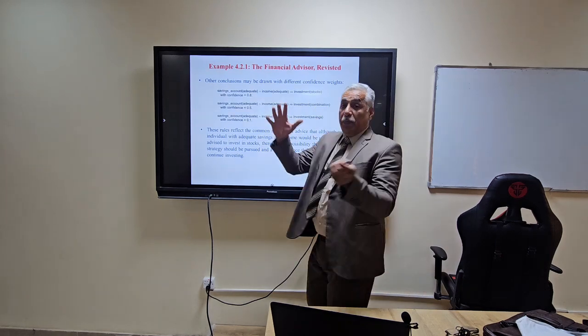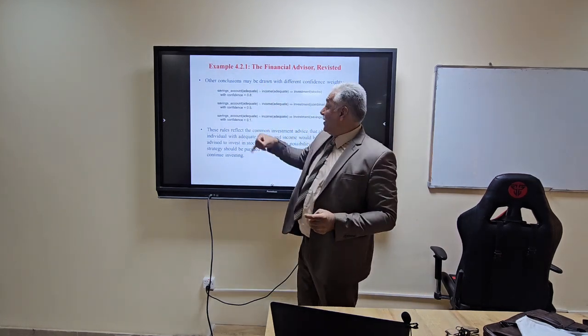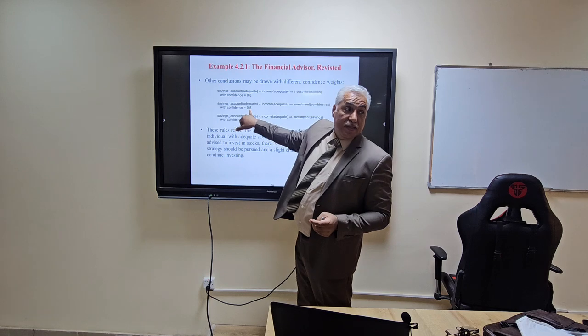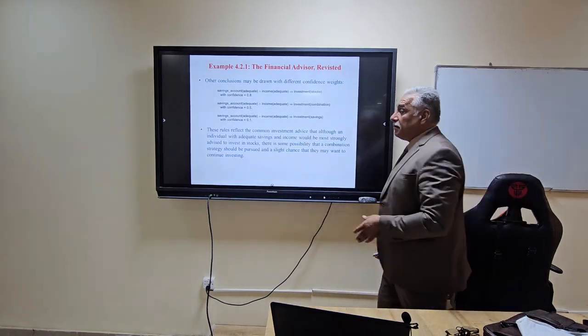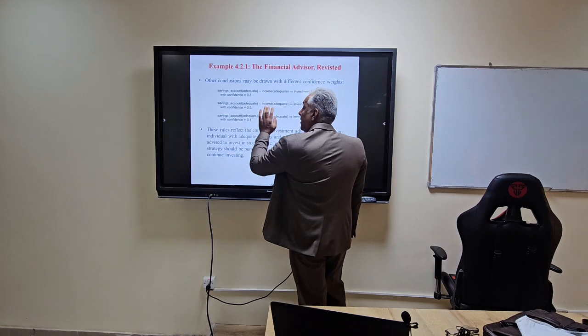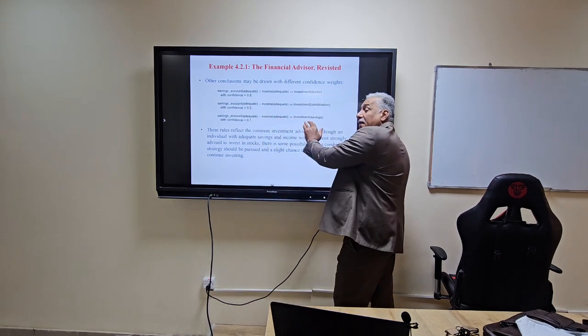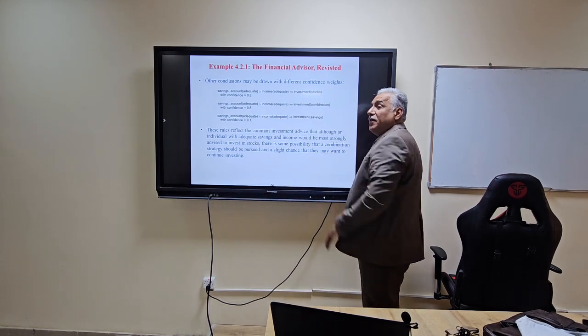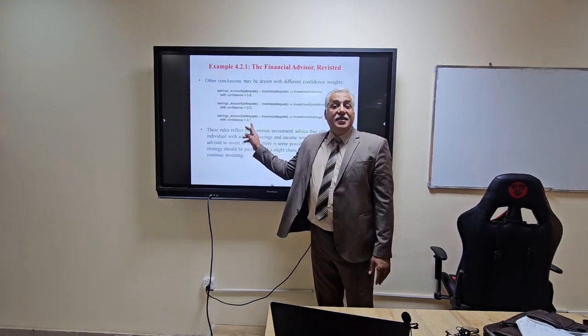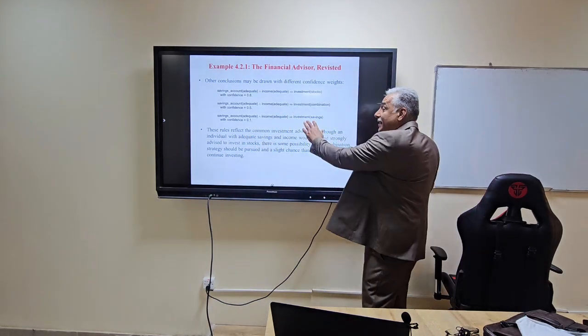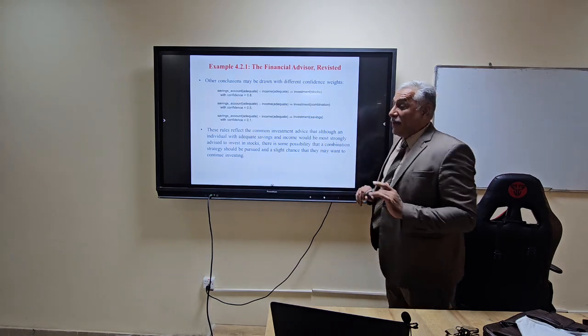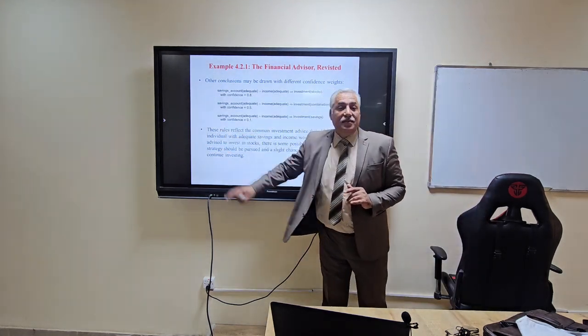That means the investment will be a combination with a certainty of 0.5. And another one, saving account is adequate and income is adequate, implies investment will be savings with confidence 0.1. That means I will select investment savings, but it is near to failing.